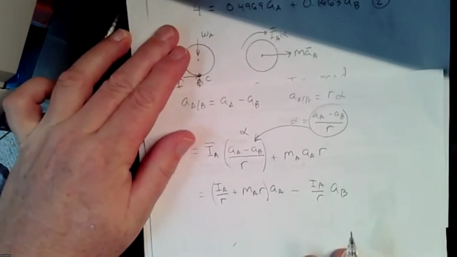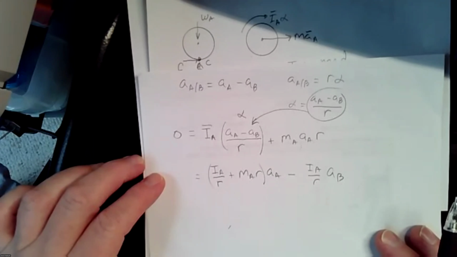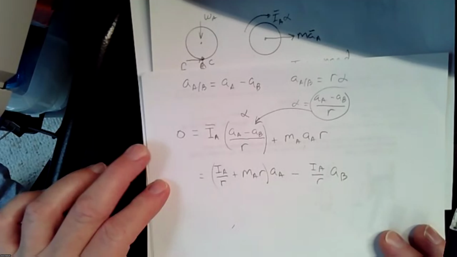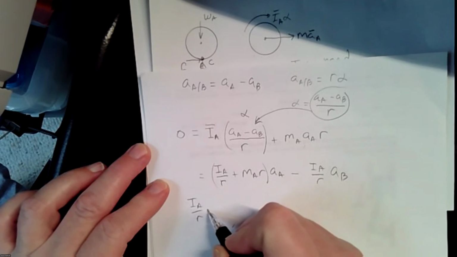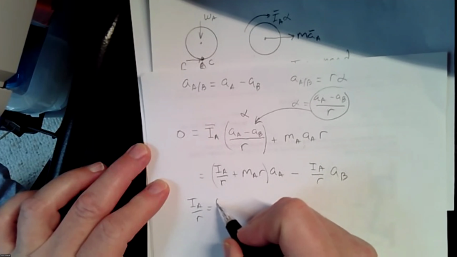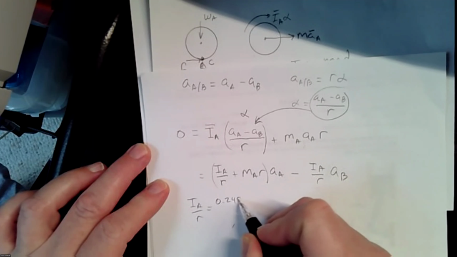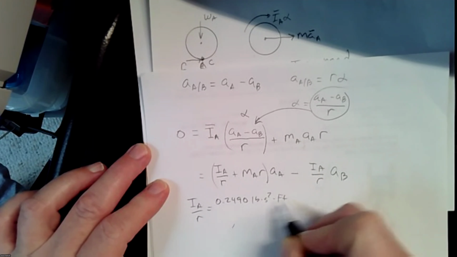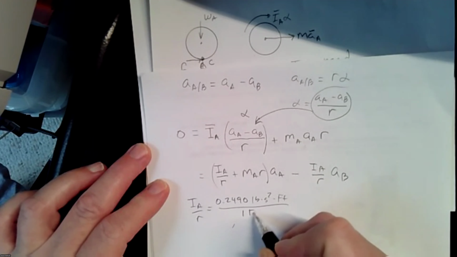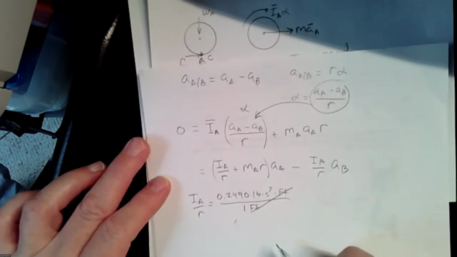But the nice thing about doing that is now I know that I_A over R is simply what? Well, we determined that I_A is 2490 pound second squared foot, all over 1 foot. So of course feet cancel.